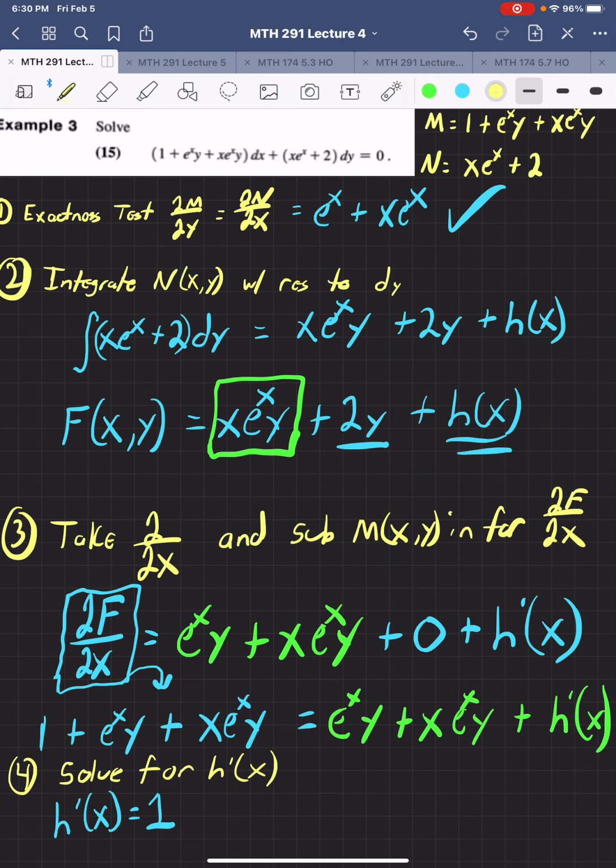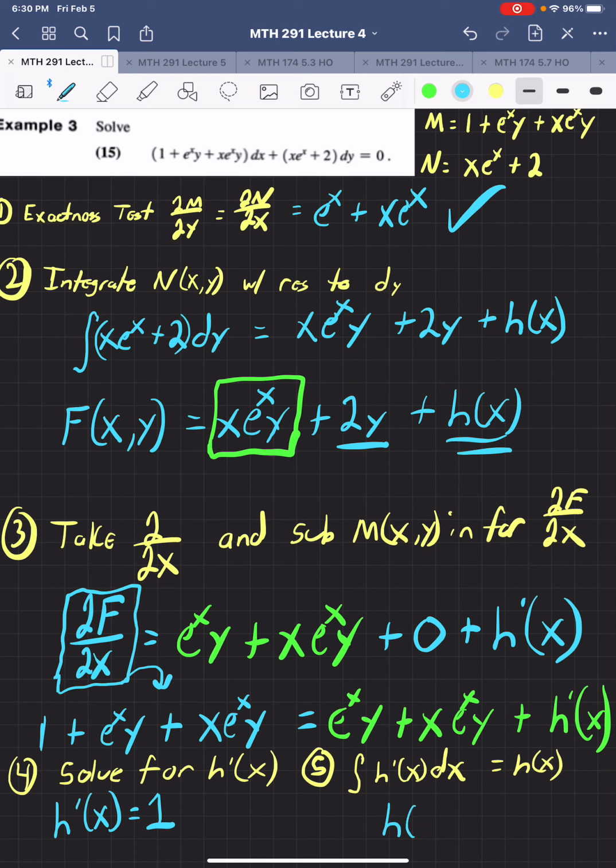So let's go ahead and do that. So step 5 is going to be integrate h prime of x with respect to x. All right, and that will give us h of x, which is what we want.